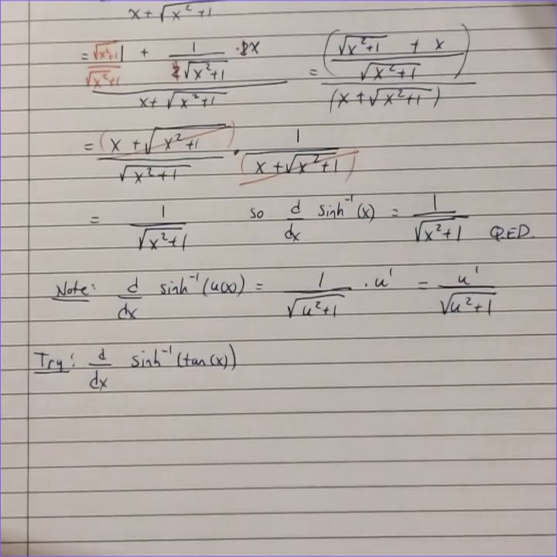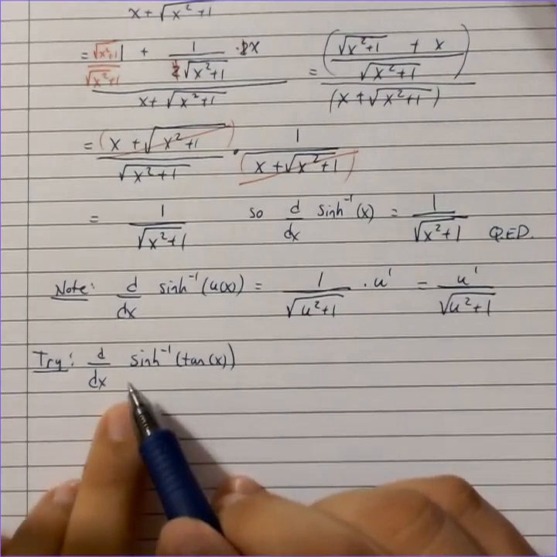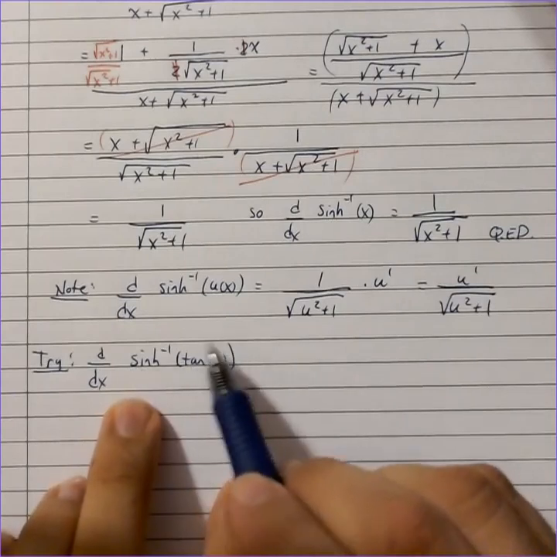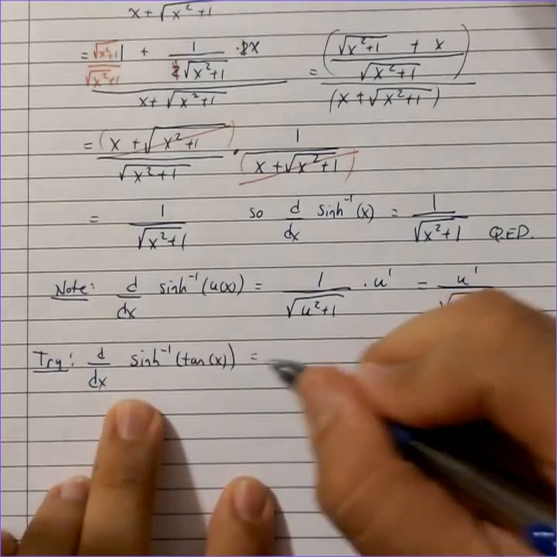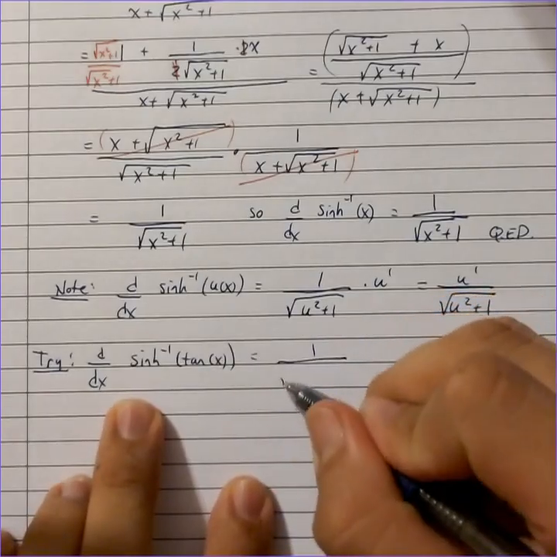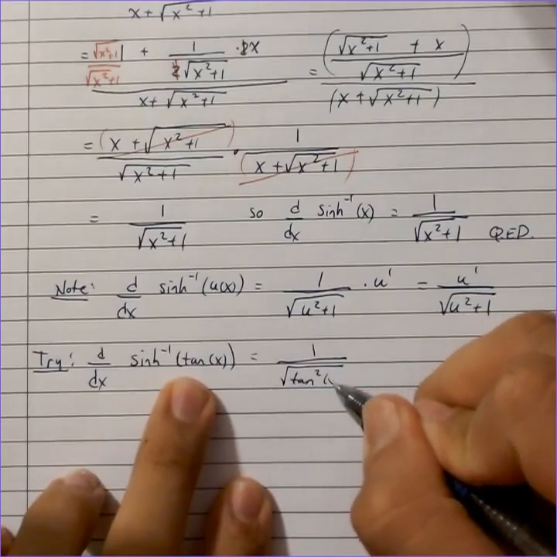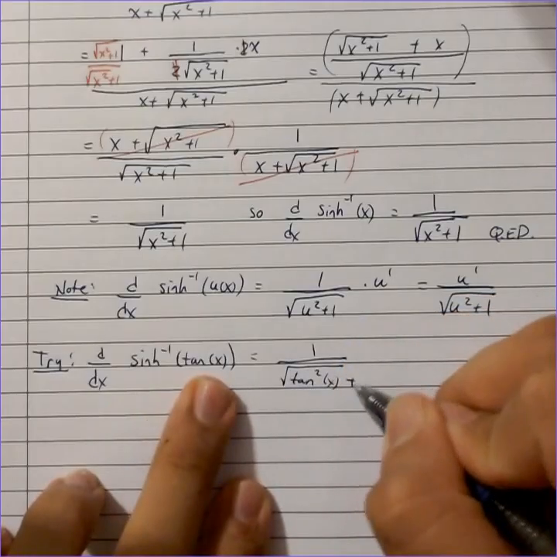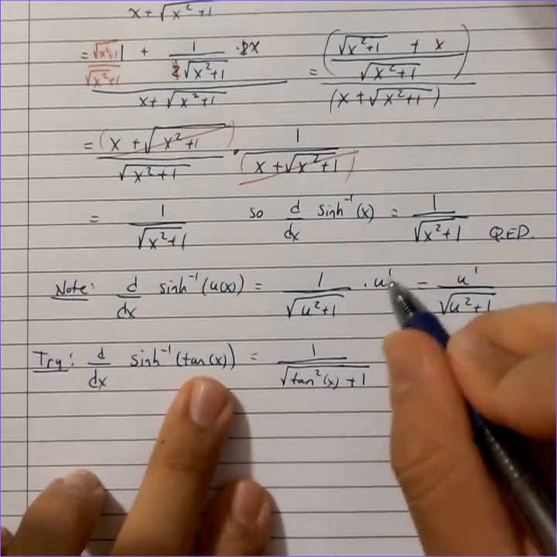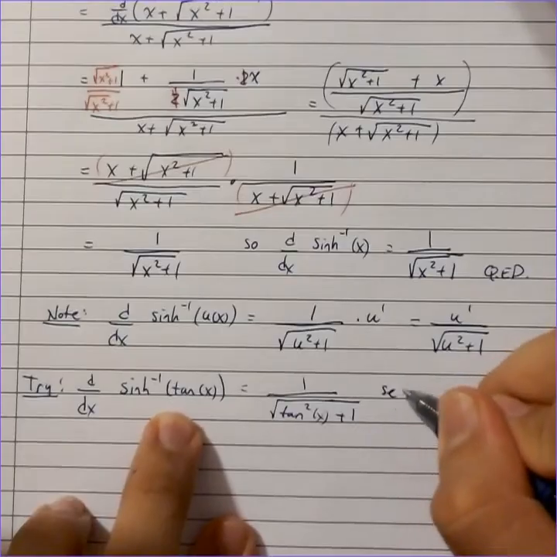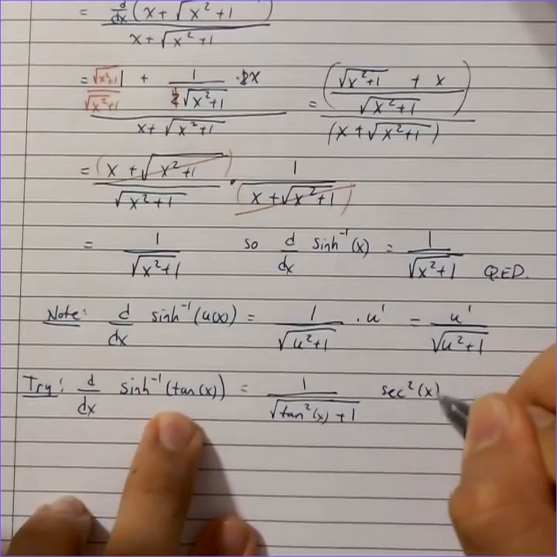All right, so let's take a look. We're taking the derivative of the inverse hyperbolic sine of a function. Well, that's going to be equal to 1 over the square root of that function squared, so that's tangent squared of x plus 1, times the derivative of that function, the derivative of tangent of x, which is secant squared of x.